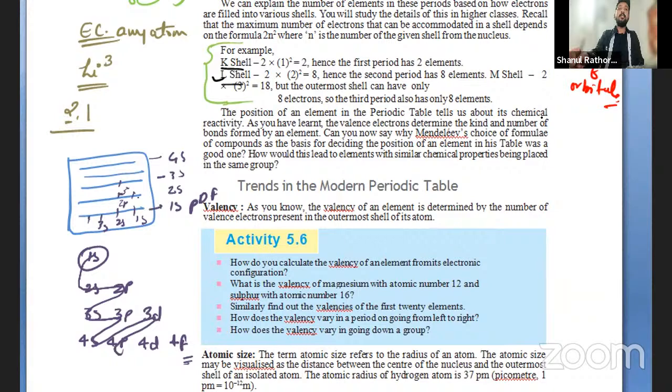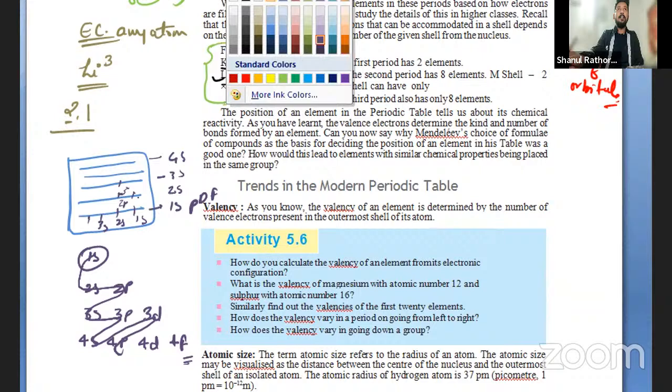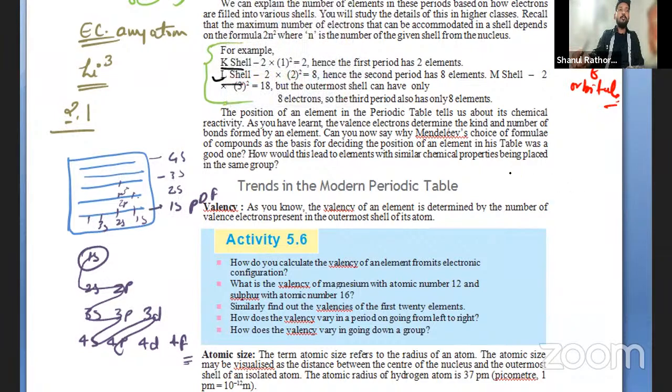So if I write the electronic configuration of any element, let's say sodium is the element, I have to write it like that. First of all, I have to put 2 electrons in the 1s orbital, and now the number 1 shell is completed, because if we put the n value 1, we get the number of orbitals 1 here, and if we put 2 here, then 2 squared is equal to 4.